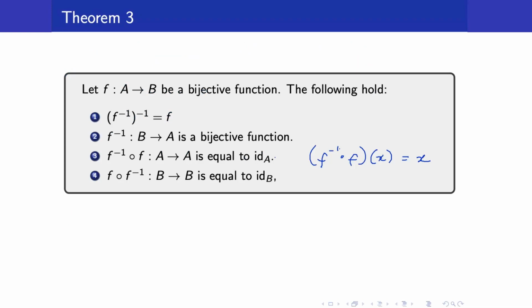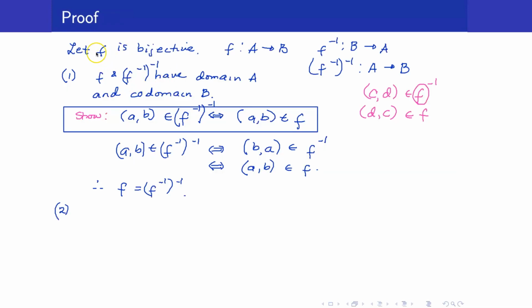Next, we want to show that the inverse function is a bijective function. So for number 2, we already have that f is bijective, and we want to show that f inverse from B to A is also bijective. We already know that f inverse is a function, correct?